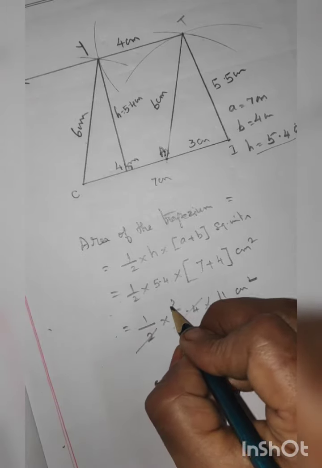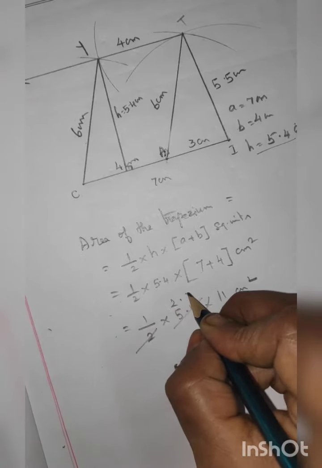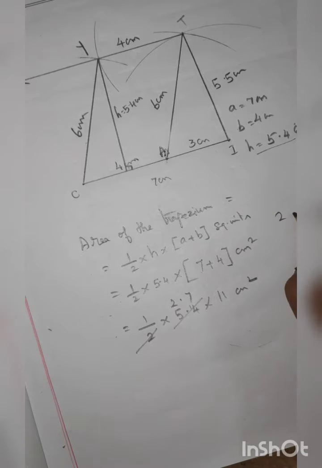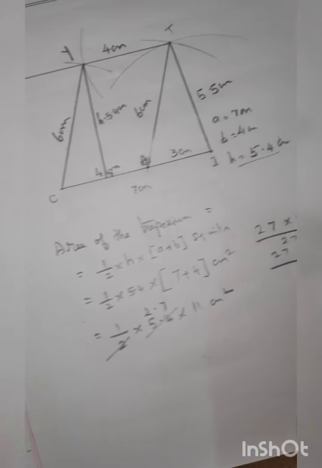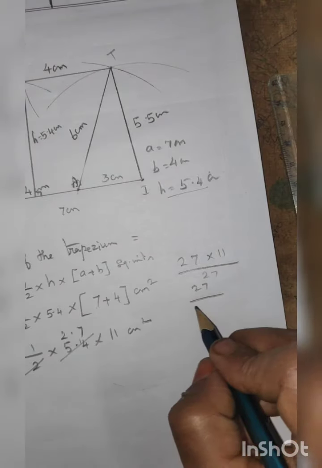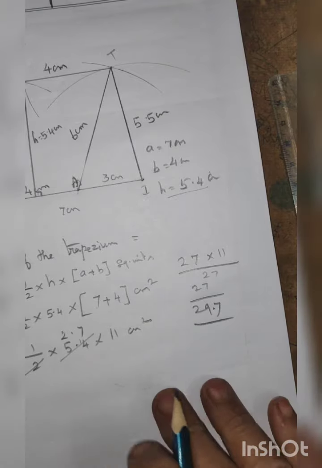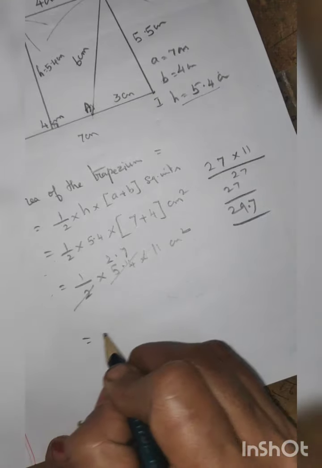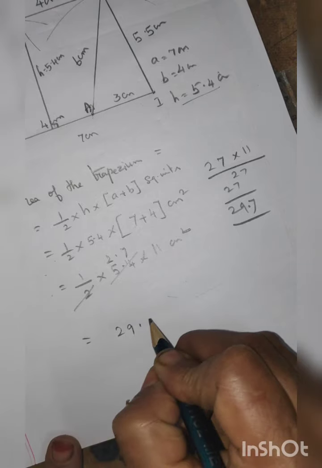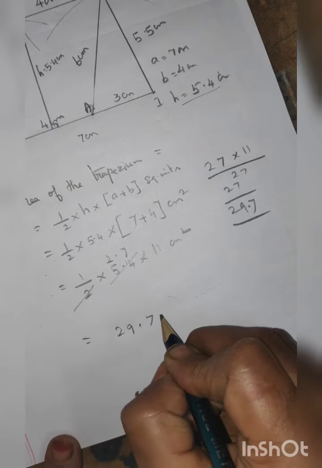Strike out the number: 2 2s are 4, remaining 1; 7 2s are 14. So 2.7. 27 into 11, you multiply there. 27 times 11 equal to 297. Keep only one decimal point there. Answer equal to 29.7 centimeter squared.